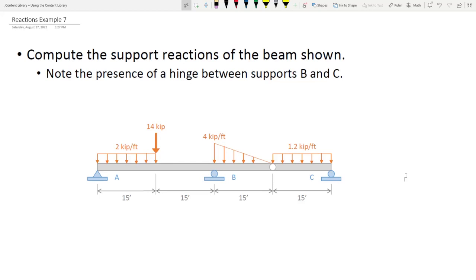Okay, so the first thing I want to do is identify these reactions. And I'm going to tell you, for some of these problems, it's going to make a lot more sense to just assume that they're all upward, okay?